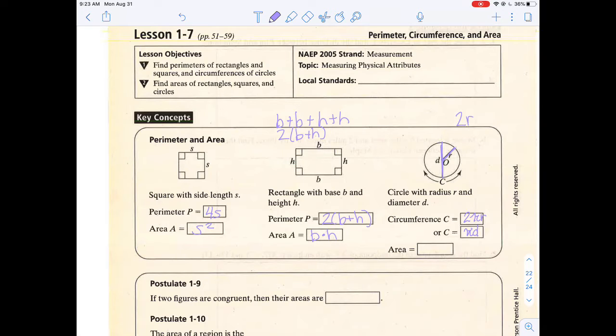Remember, 2 times the radius equals the diameter. Then for area, we take pi times the radius squared. Okay, so you can't use diameter for this one. Usually for pi, we just round it to 3.14 when we use pi.